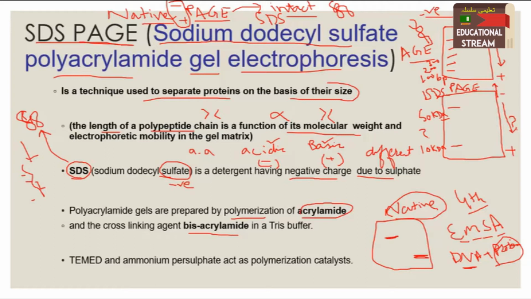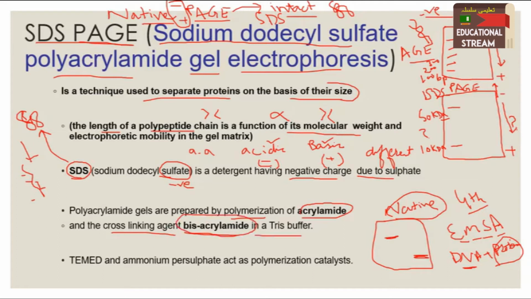The other two chemicals from which its name is derived, I have told you, are acrylamide and bisacrylamide. We make a combination of these chemicals, because acrylamide polymerizes with the help of a cross-linking agent, and that cross-linking agent is bisacrylamide, right? And we prepare this solution in a Tris buffer.